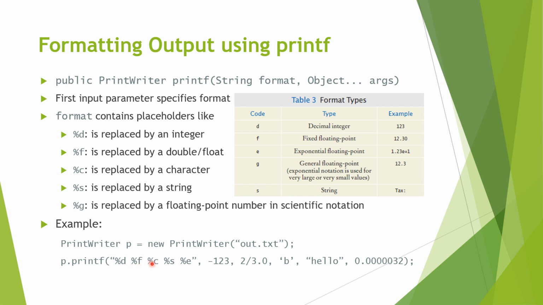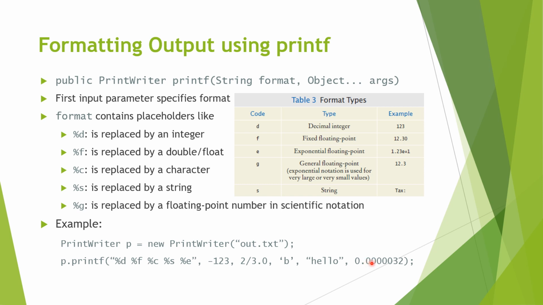Then you're going to see a space and a %c, which should be replaced by letter B, and then a space and a string that replaces this %s. The string should be hello, and finally a space, and then this %e will be replaced by the normalized scientific notation of this number, which is 3.2 E minus 6.